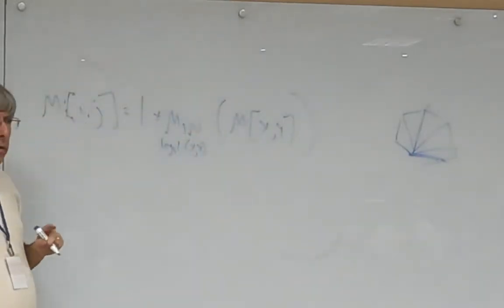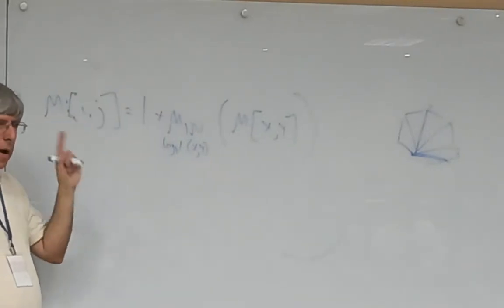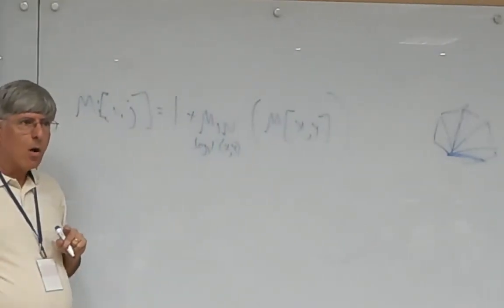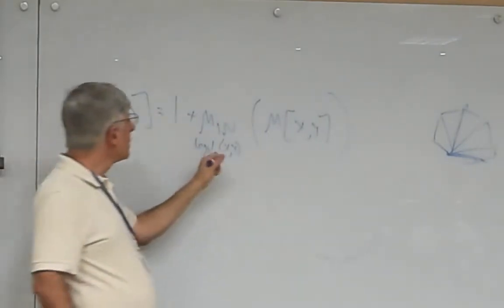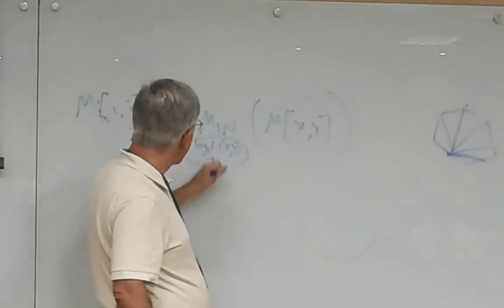Does this make sense now? Yes. Okay, so this is simpler than it was on there and more correct. What am I saying? For all legal chords that I'm inserting, legal means what?